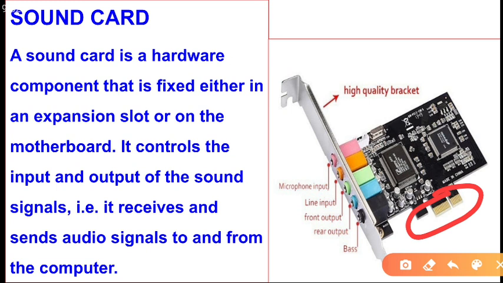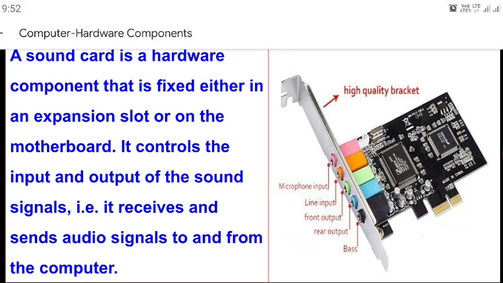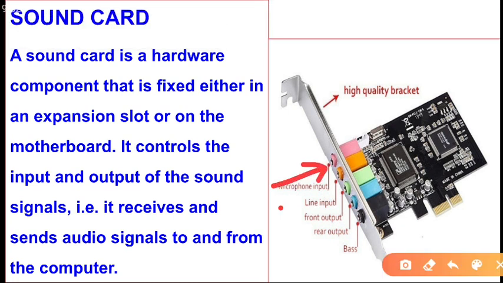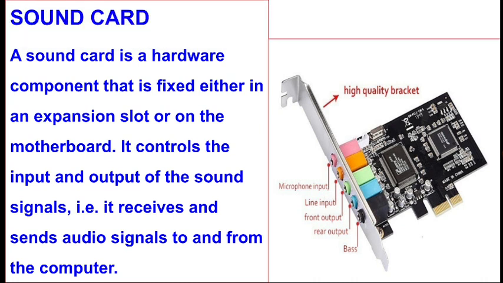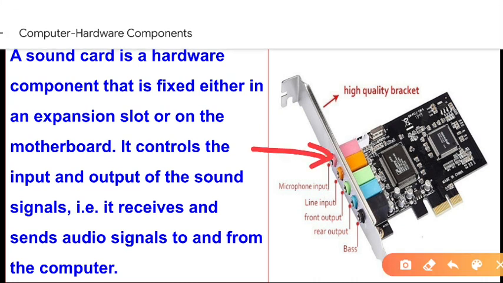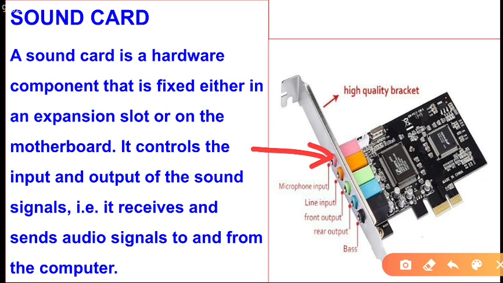It is fitted on the motherboard from this side, and can you see these different colored ports? Yes, these are the different ports. This is the microphone port through which sound can be input inside the computer. Then these are different output ports. Okay, students, so this is our sound card.